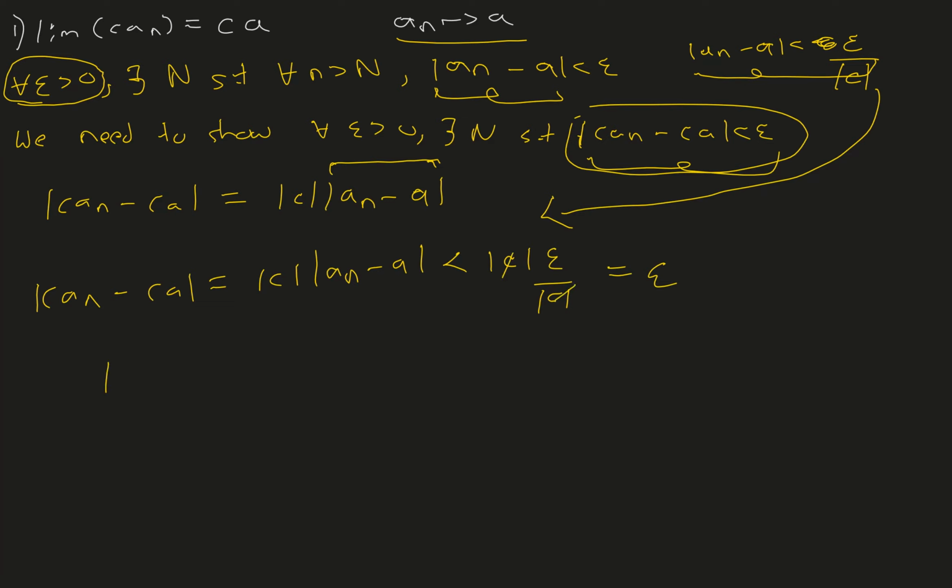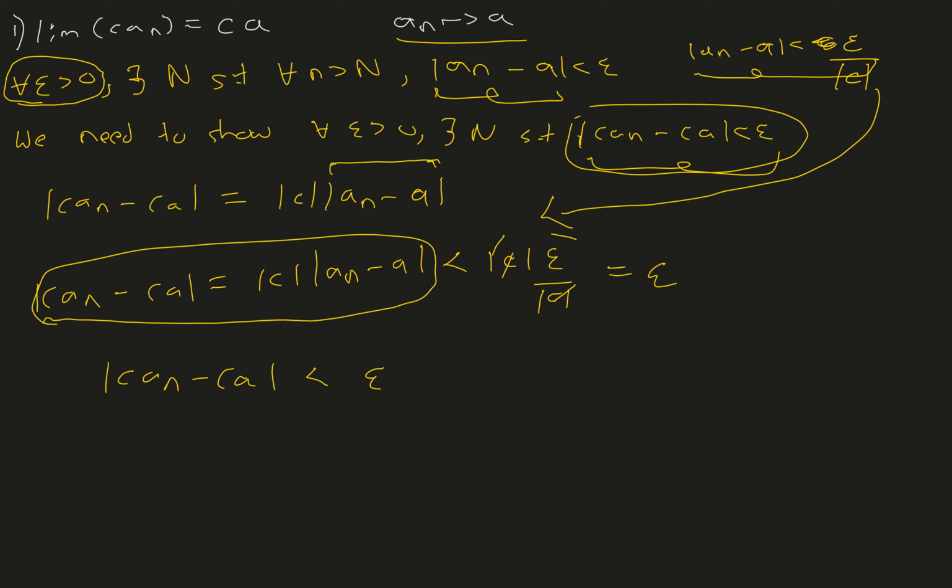So we get that the modulus of can minus ca is less than epsilon, because can minus ca is equal to this, and the right hand side is equal to this. Combining these two together, we get can minus ca is less than epsilon, and this looks exactly like what we wanted to show, and we're done with the proof.